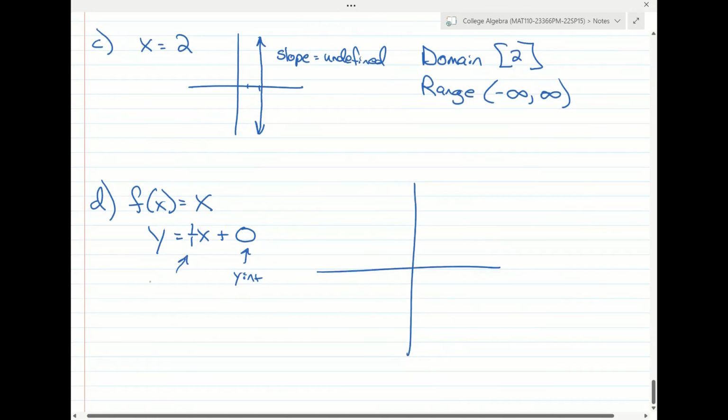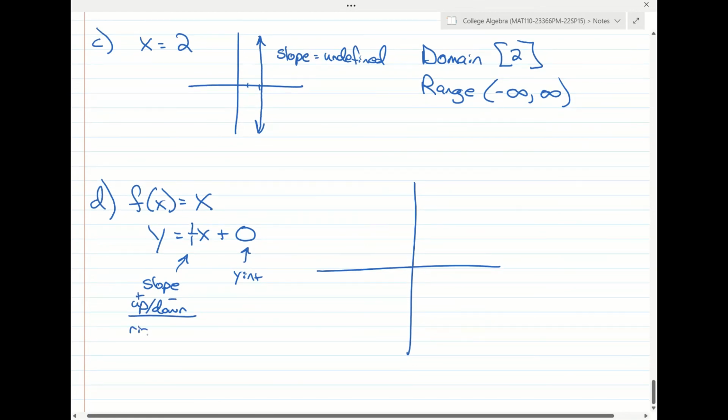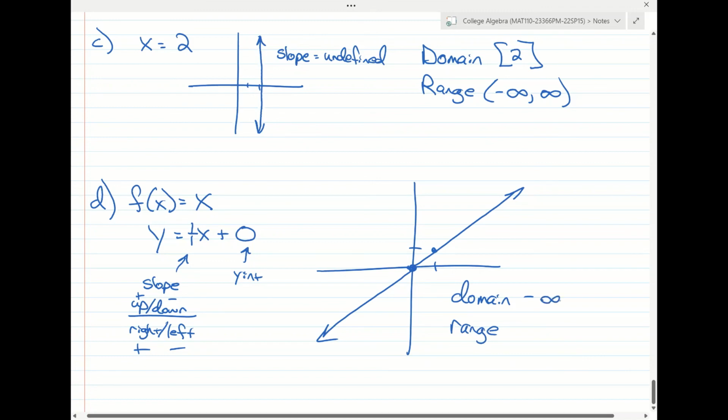And this is the slope. Top number is up or down. Bottom number tells you whether you go right or left. We're starting at 0, going up 1 over 1. The domain and the range for this problem would be all real numbers.